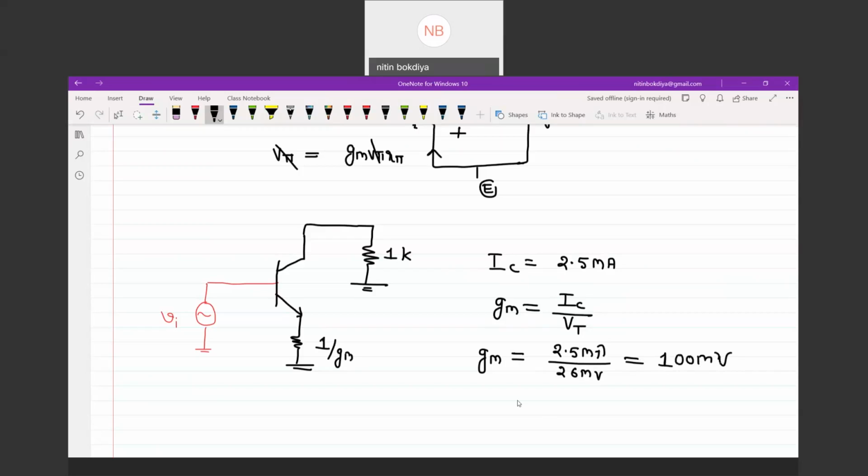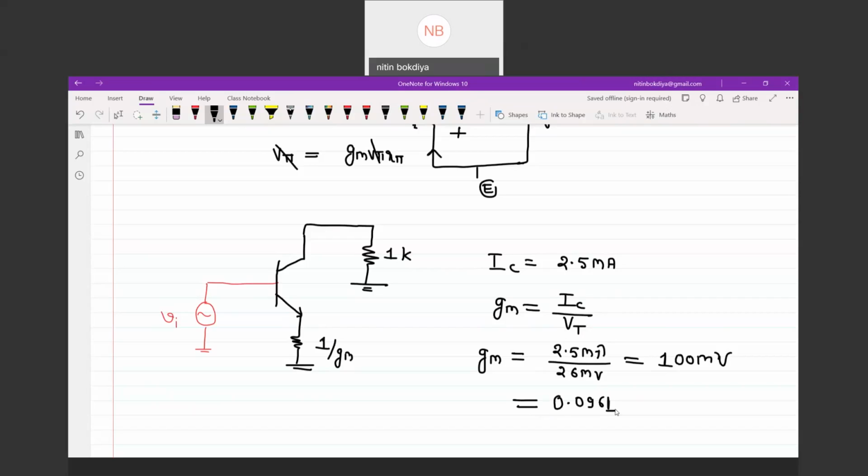The exact value comes out to be 0.0961, so 100 millimho is a good approximation.